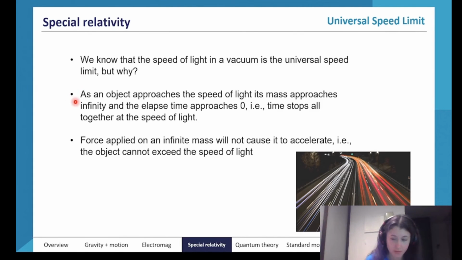So, what I firstly want to talk about with respect to the mass approaching infinity is that if you're accelerating an object to such great speeds that it is approaching the speed of light, what actually happens is that you have a law of diminishing returns situation.